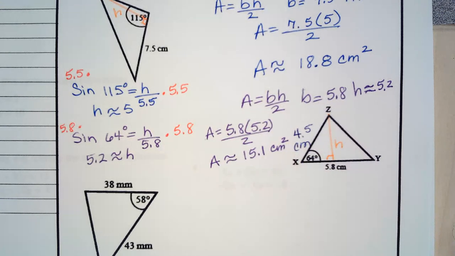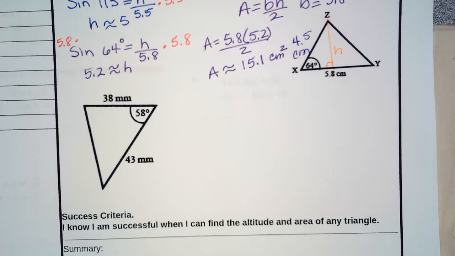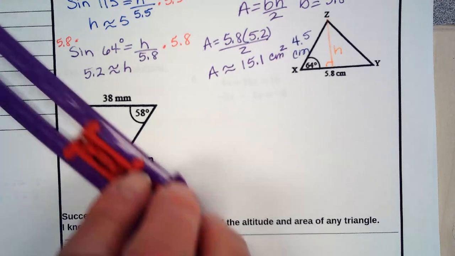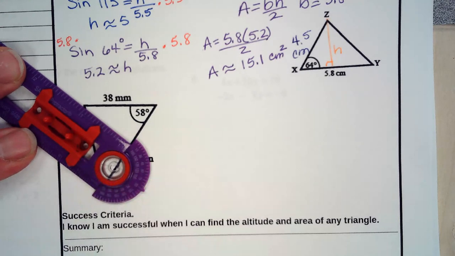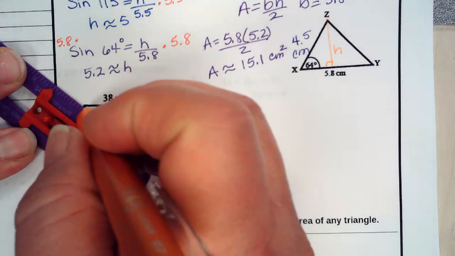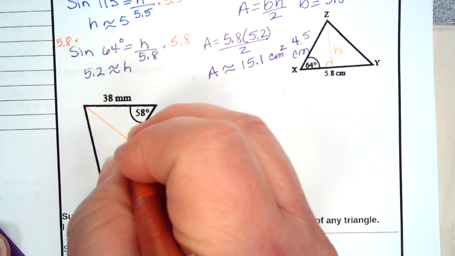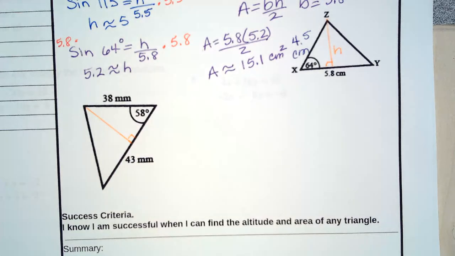Okay, if you still haven't done one, I encourage you to pause the video now and see if you can do the last one. I hope you tried. Once again, this looks like the easiest way to draw my altitude. My altitude is also my height of my triangle. Once again, I'm looking for my opposite side and I know my hypotenuse.